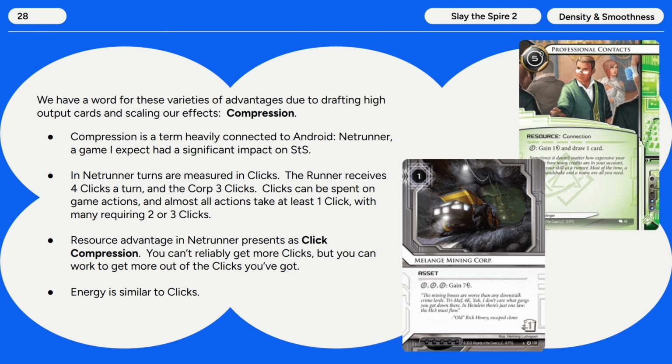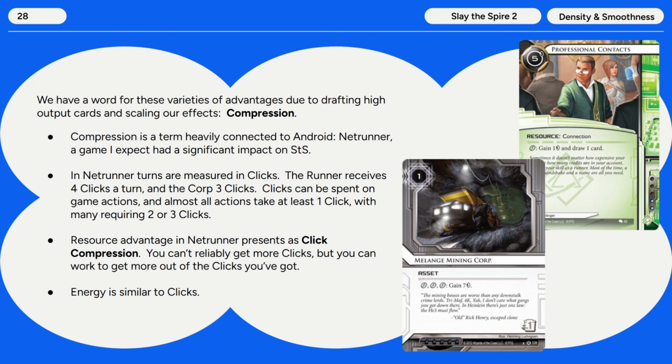In Netrunner, turns are measured in clicks. So you would call out your turn, click 1, click 2, click 3, click 4. The runner, who is a hacker thematically, has 4 clicks on their turn, and a corporation who's trying to deploy their agenda without being hacked by the runner, they have 3 clicks.